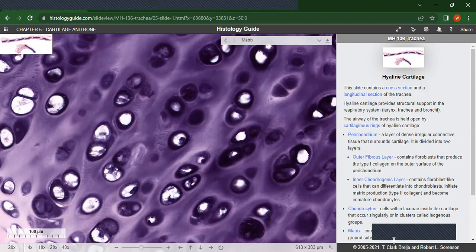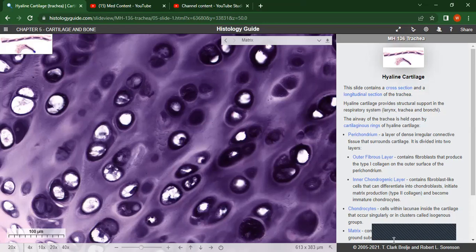So the main proteoglycan in hyaline cartilage is aggrecan. Aggrecan is the main proteoglycan, and it is responsible for hydration of the matrix.